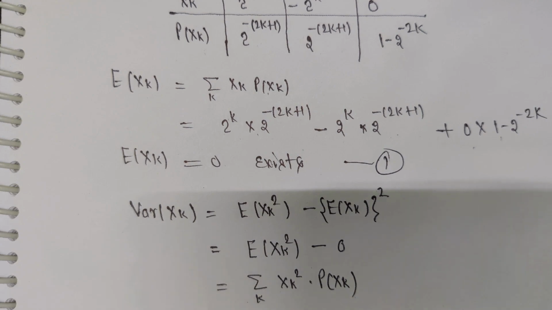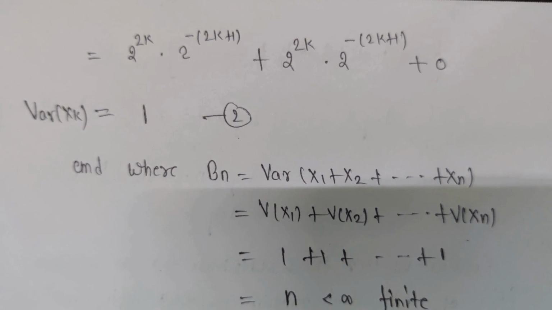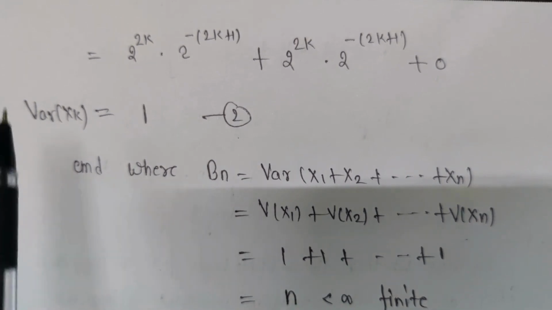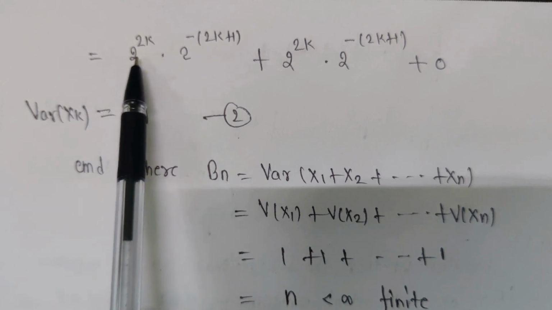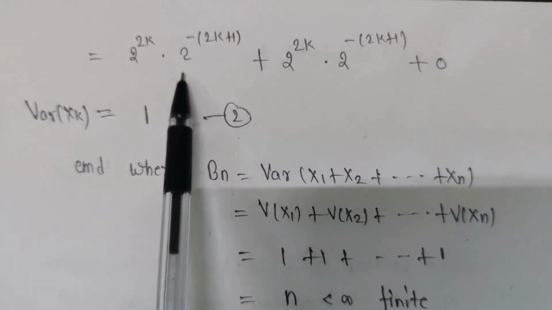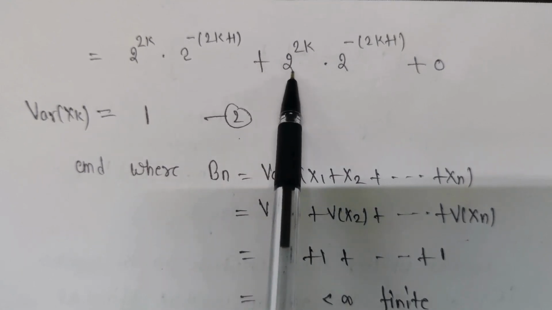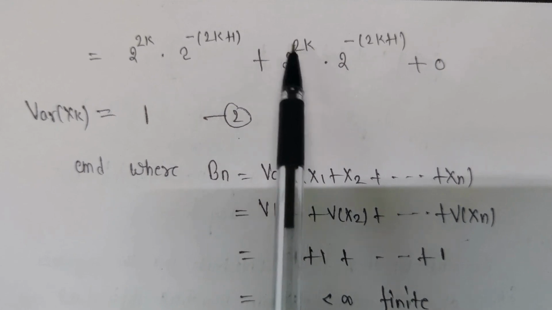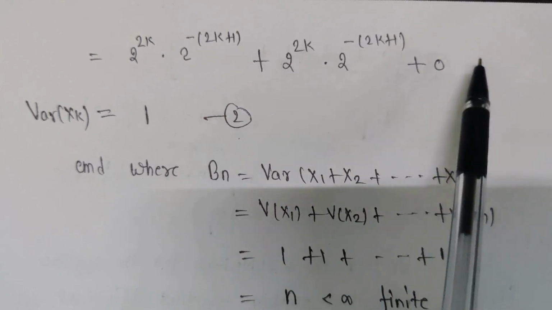Now you can see here we are putting in the value of xk square. xk is 2 to the power k, and taking the square, that means 2 to the power 2k into the corresponding probabilities, and again the second term is plus minus 2 to the power k squared, that means plus 2 to the power 2k into the corresponding probabilities, and the third term is 0.